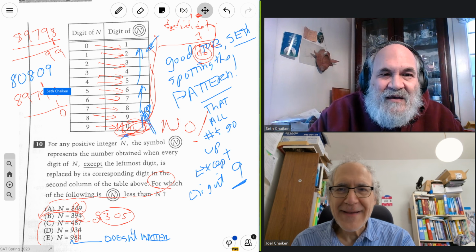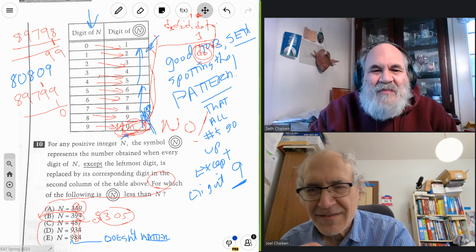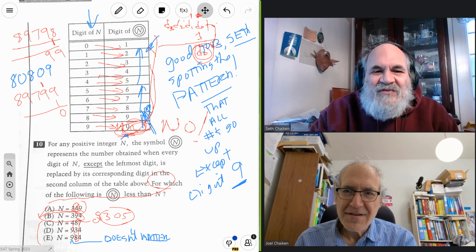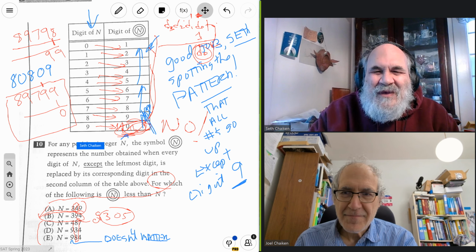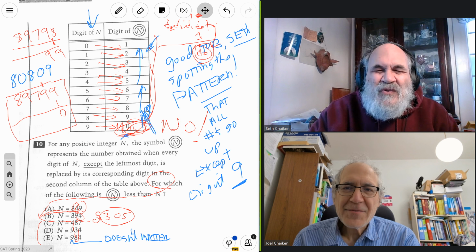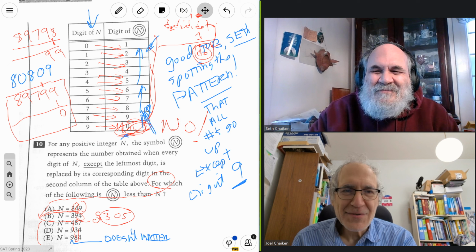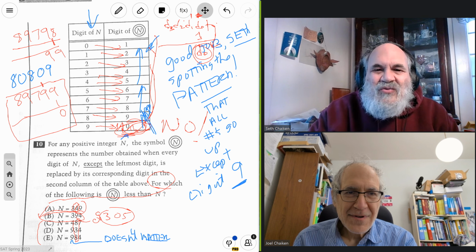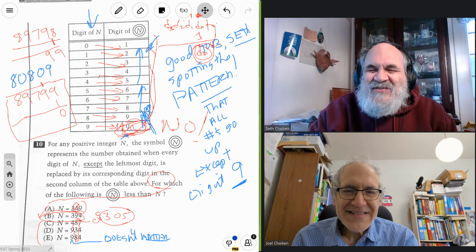Wait, what are you talking about? This table. I told you what I'm talking about. See the box? See how the box shows an example for the algorithm of adding 1 to a long decimal? That's not what the box is telling you to do. It is what the box is telling you.